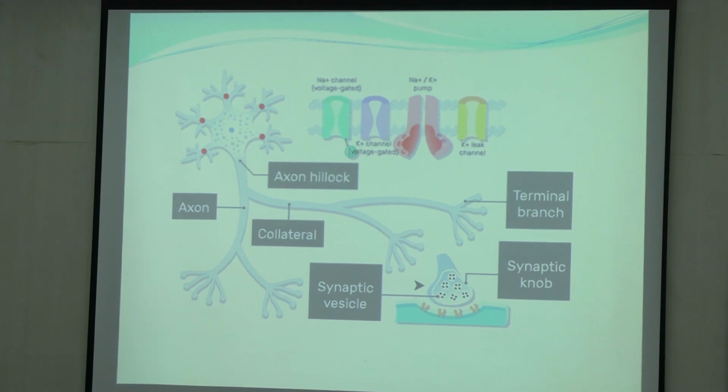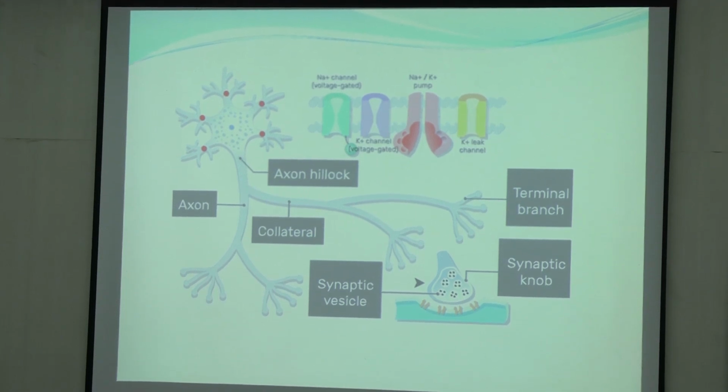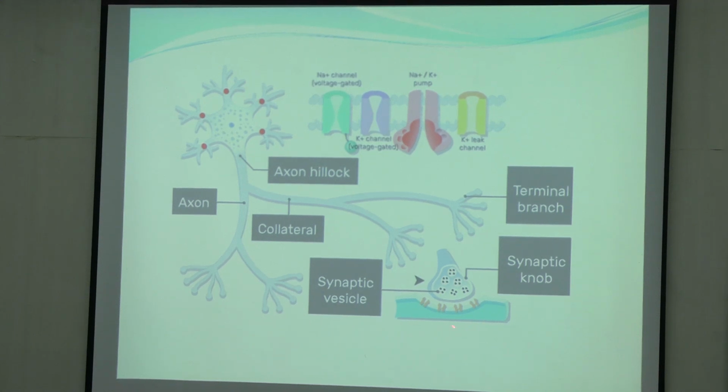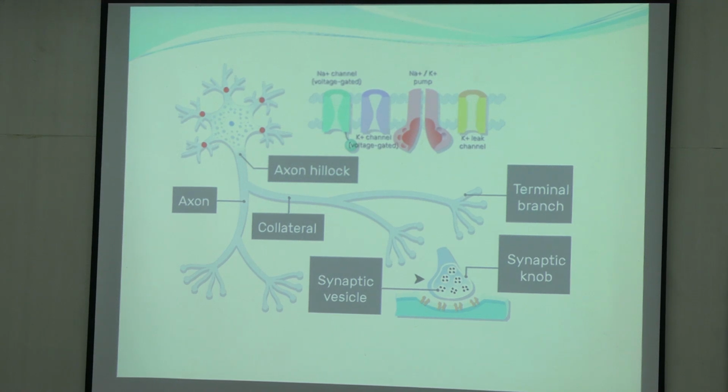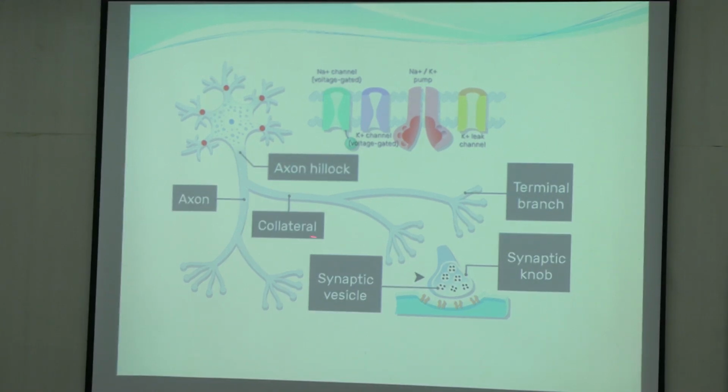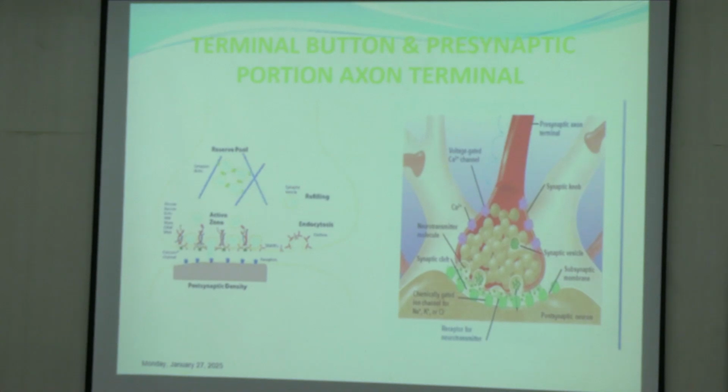Can you understand this? Very clear? Synaptic knob. In the postsynaptic membrane, these are what? Ligand-gated channels, acetylcholine channels. These are synaptic vesicles, collaterals, branches, and these are the synaptic. So it is very simple.